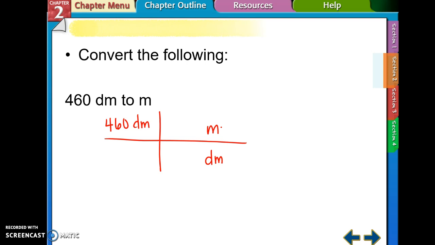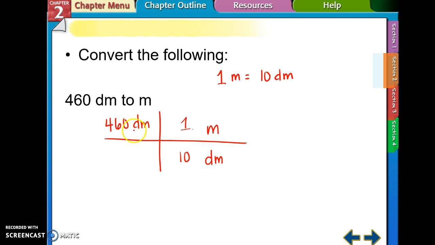So when I look at that, it says on the chart that 1 meter is equal to 10 to the first, because remember there was 1 desk in the middle of the room, and that's also equal to 10. So 1 meter is equal to 10 decimeters. So now I have to look at, okay, 1 meter is equal to 10 decimeters. I put the 1 with meters, I put the 10 with decimeters.